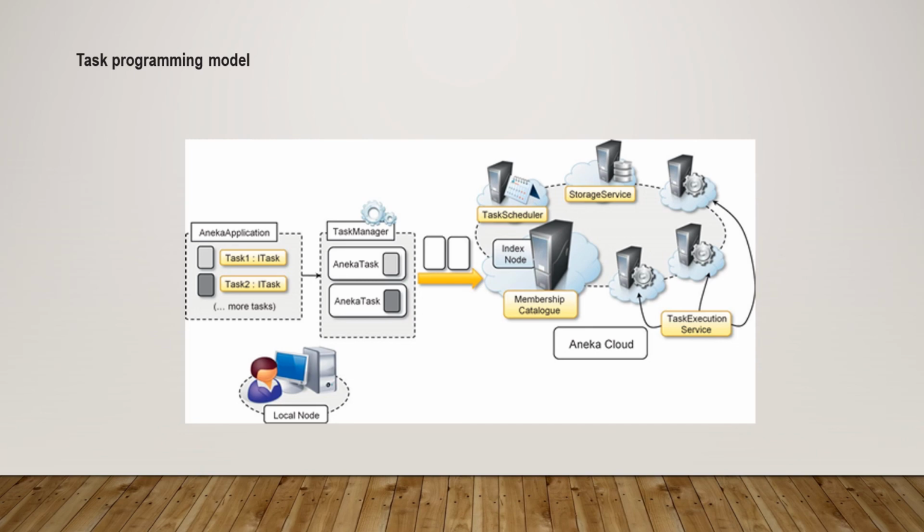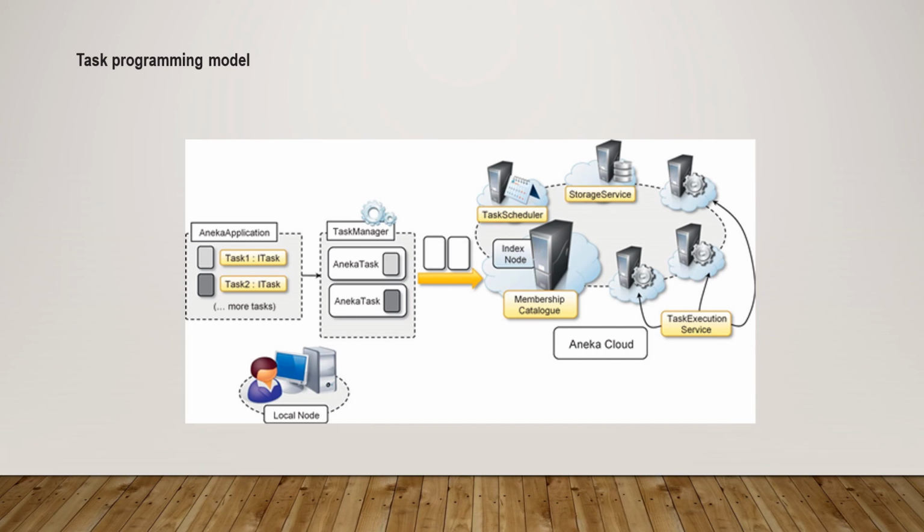Its main responsibility is to allocate the task instances to resources and execution service for task execution and monitoring the task state. If the application requires data transfer support in the form of input or output files, an available storage service will be used as a facility for the application.